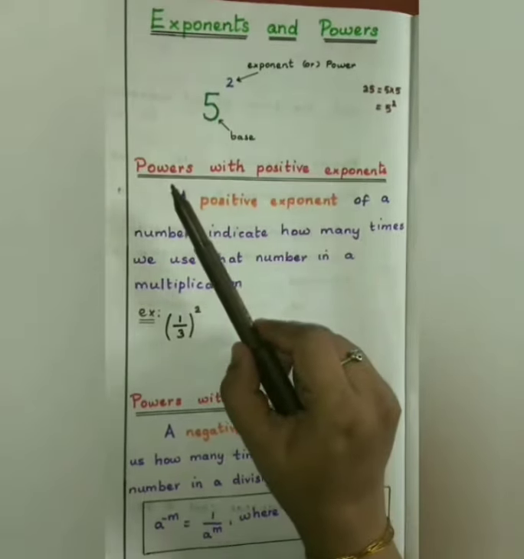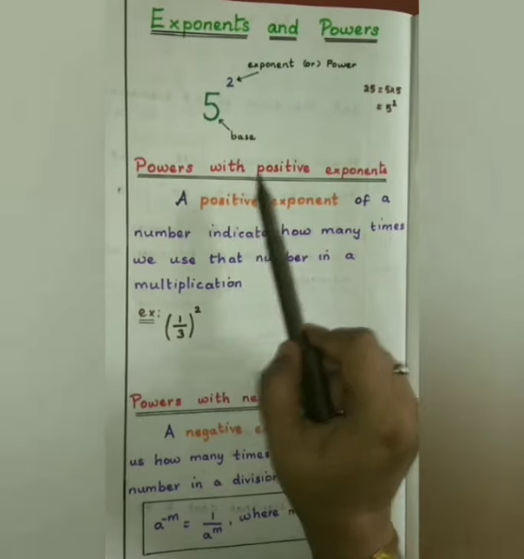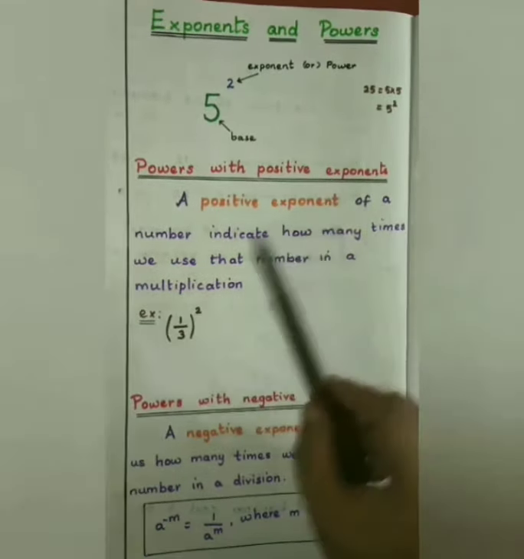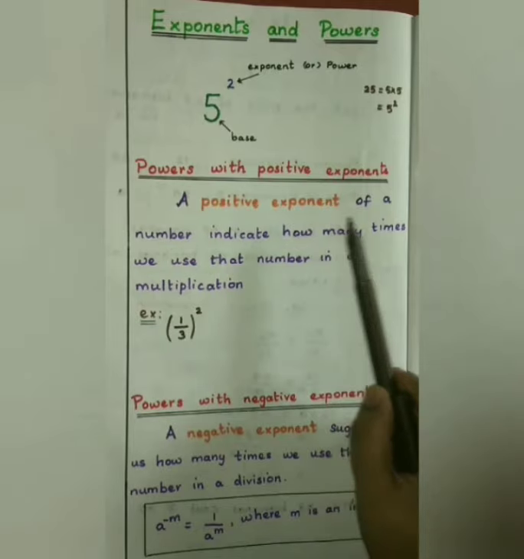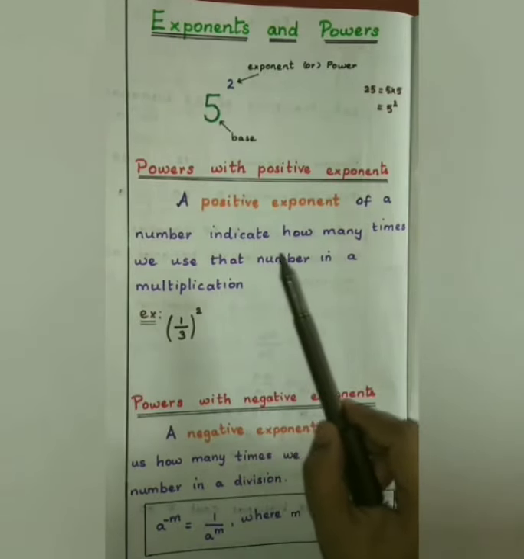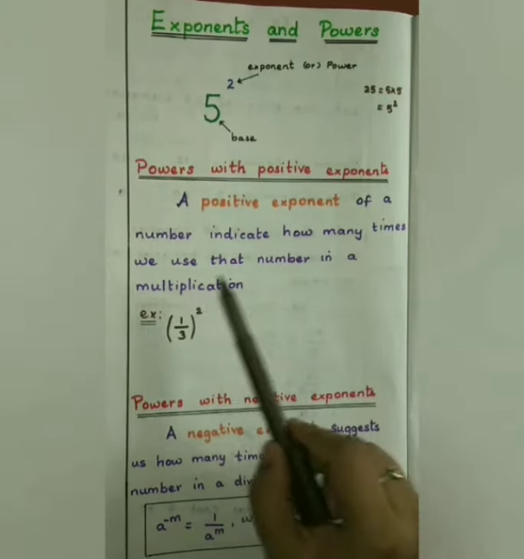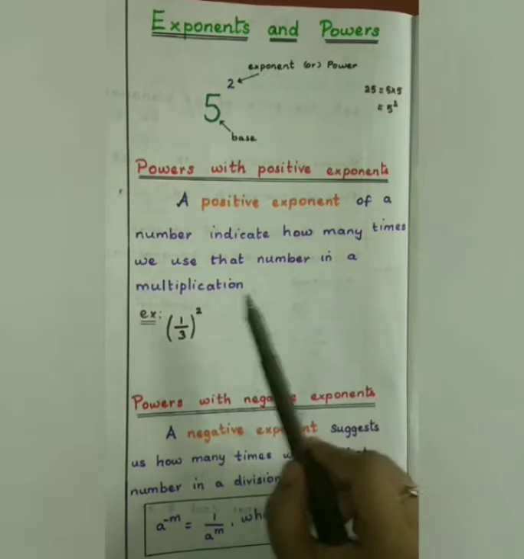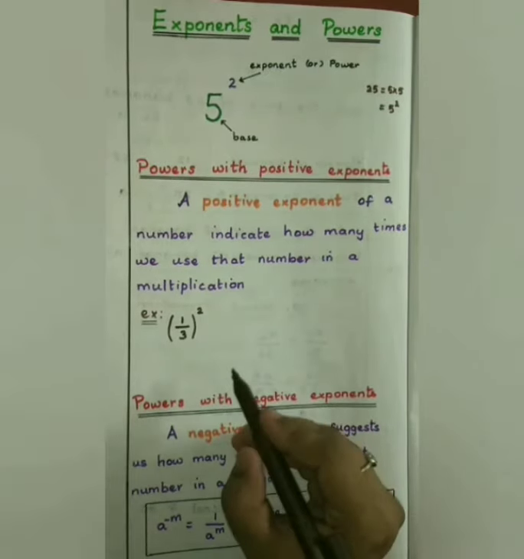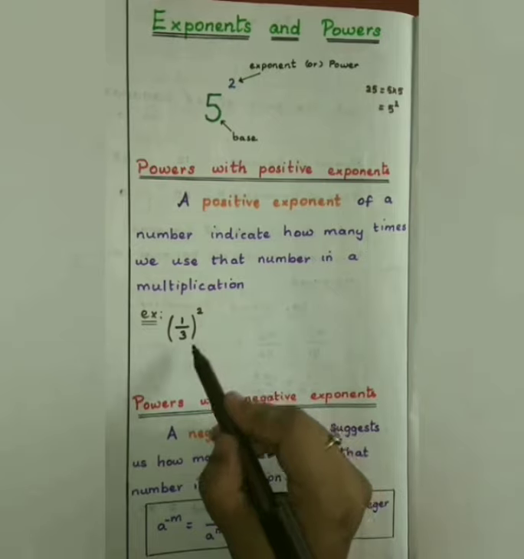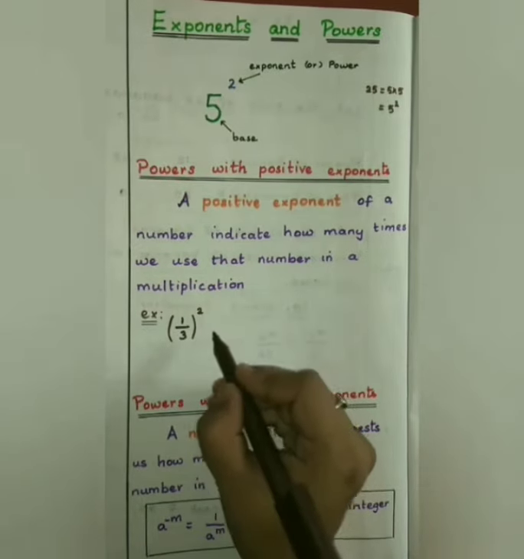Now let us see powers with positive exponents. A positive exponent of a number indicates how many times we use that number in a multiplication. Now let's find the value of (1/3)².